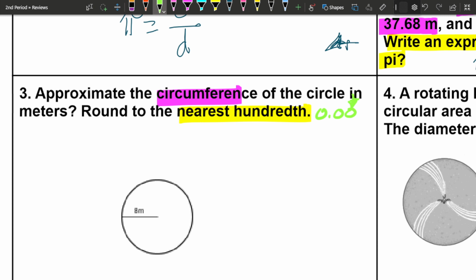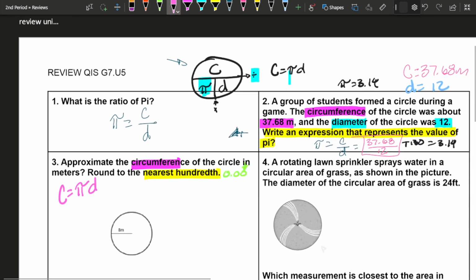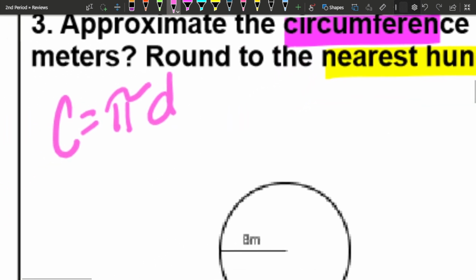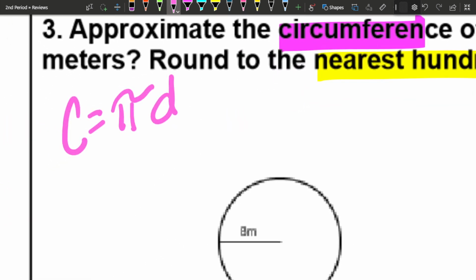So again, if we're looking for the circumference, it's pi times diameter, right? Very good. We can have this circle right here cover pi, and that will leave us with pi times diameter. We know the formula, pi times diameter. So what do we need for circumference?